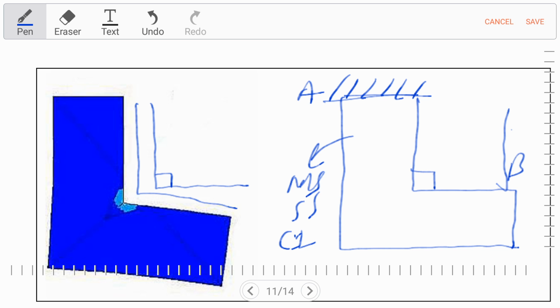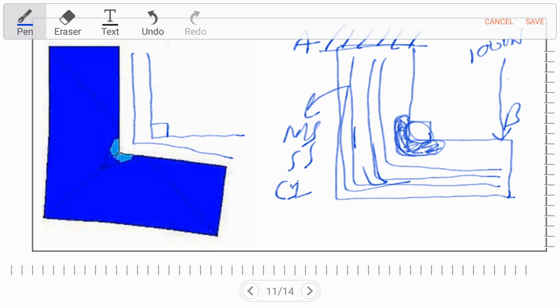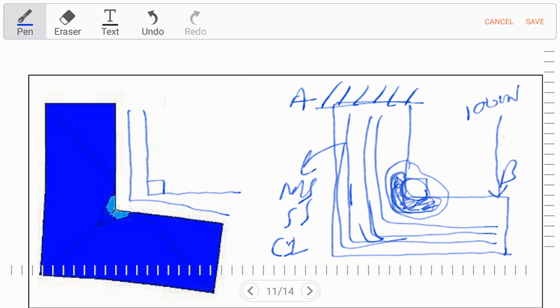If we apply a load of approximately 1000 Newton at point B, the free end, the fibers which are away from these edges have less stress concentration, but at this edge the stress concentration is highest, which means this portion has to deal with the maximum amount of stress concentration.